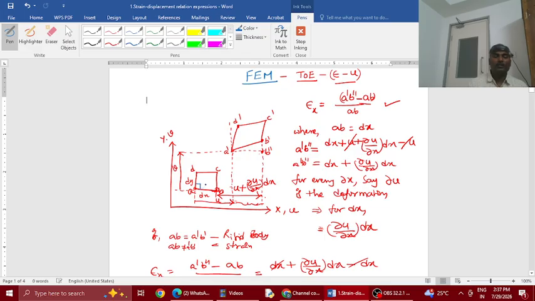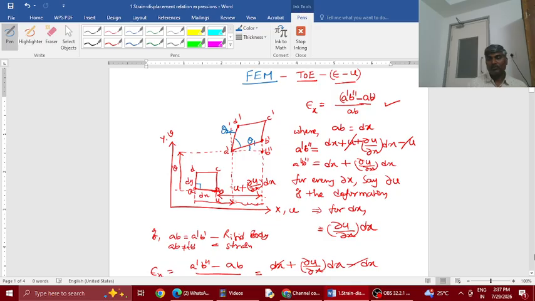Okay, what will be the change in the angle? So this is the initial angle, right angle, and this is the final angle. So this minus this means what? This plus this. Which I call this as, say, theta 1. Let us say this is theta 2.